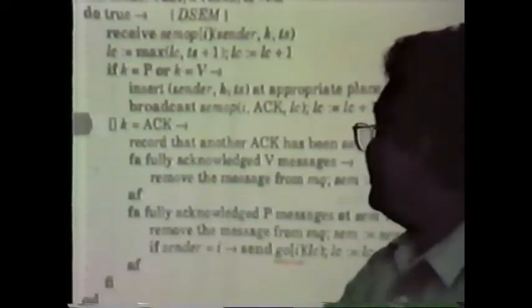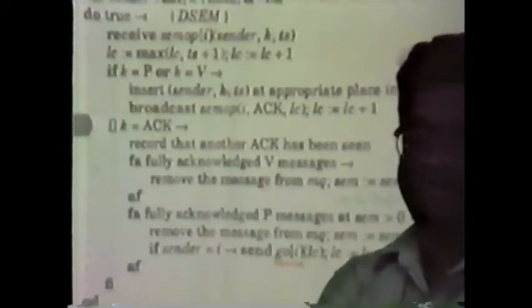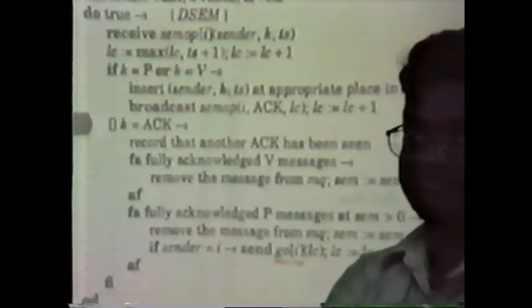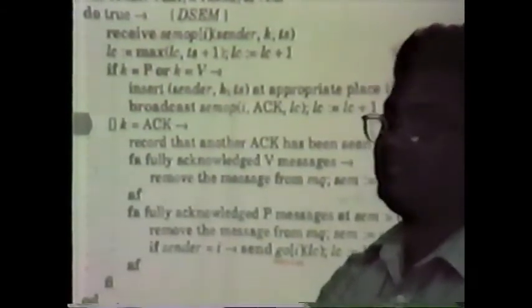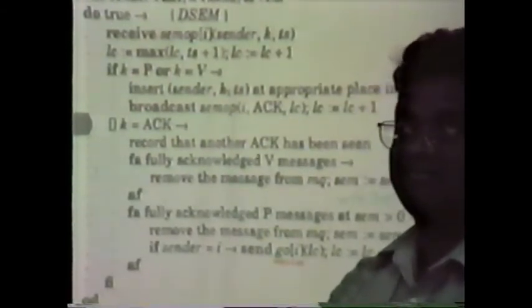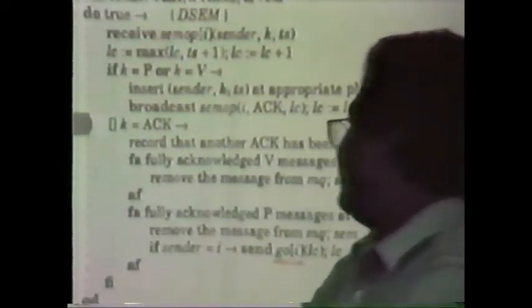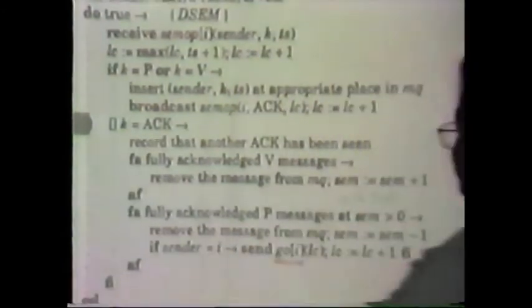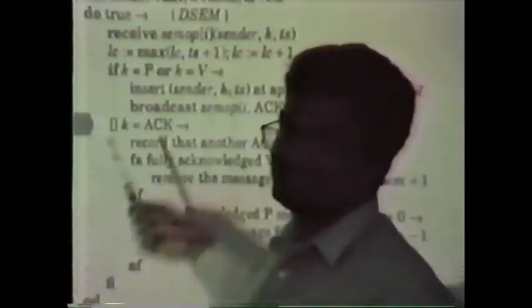So eventually, these messages that the helper process broadcasts, the ACK messages, will be received by the helper process, right? And at which point we need to do something. And this something depends on the idea of what is written here as fully acknowledged.